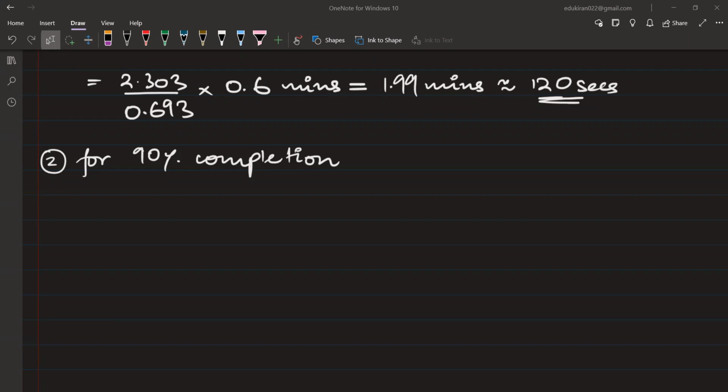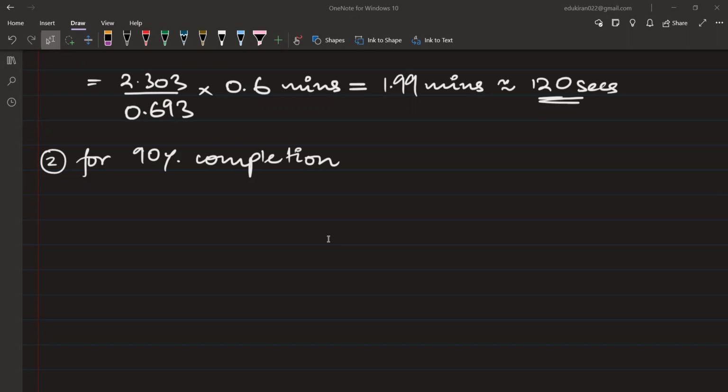Yes, Salman, correct. So log 10's value is what value?